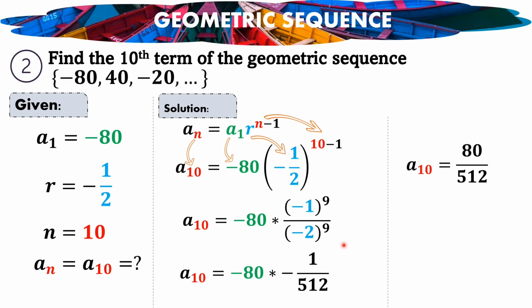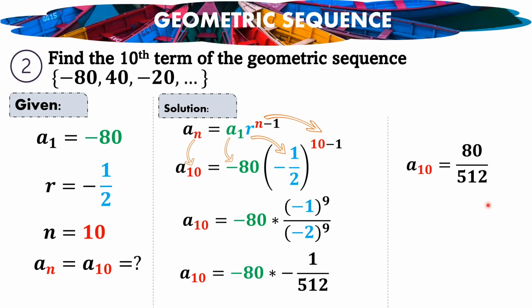Let us continue. A sub 10 equals, we have negative 80 times 1 over 512. So that is positive 80 over 512.